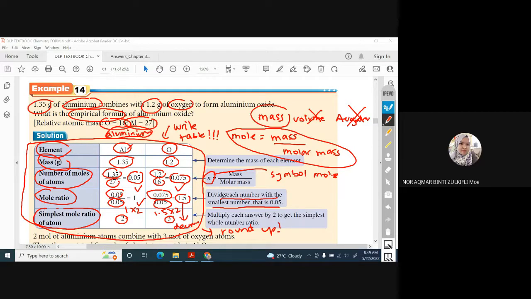So the final answer is Al2O3. You follow the ratio that you find the last one, simplest mole ratio of the atom. This is the final answer. Okay, kita tengok nanti dekat bawah.